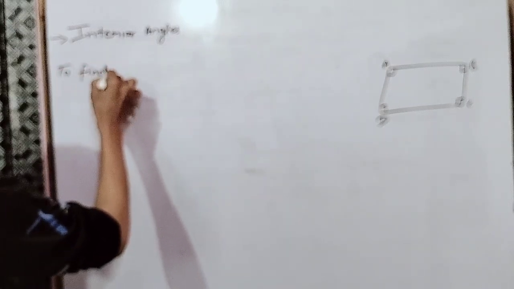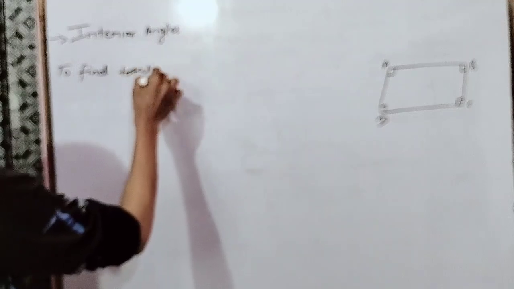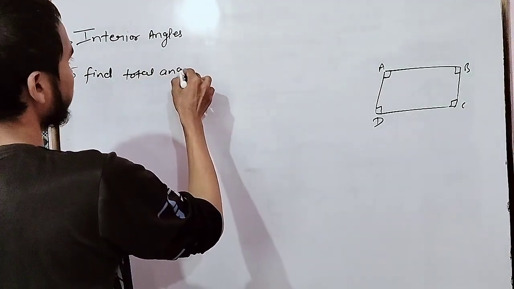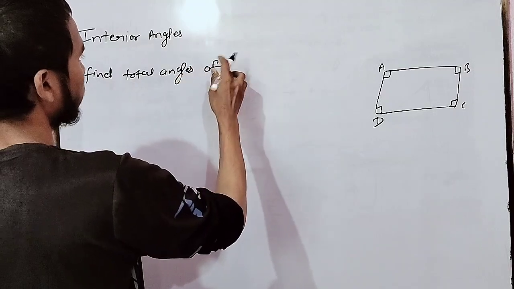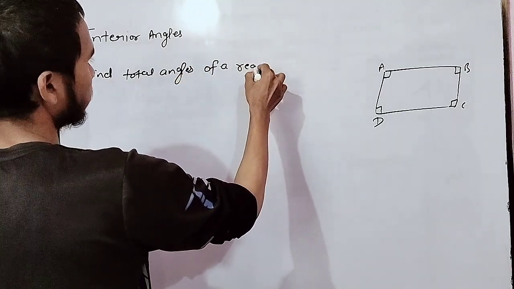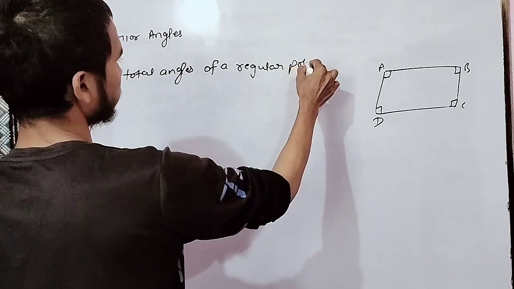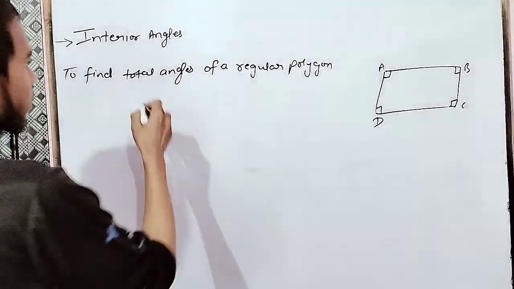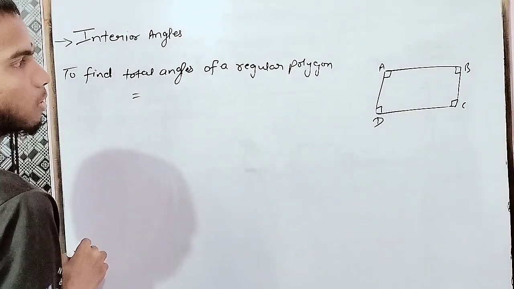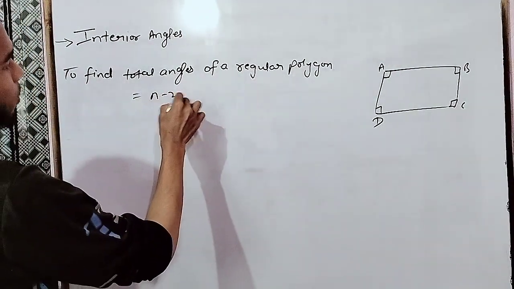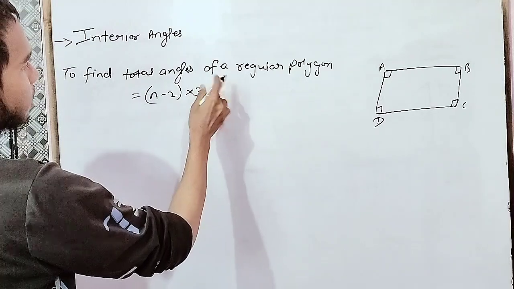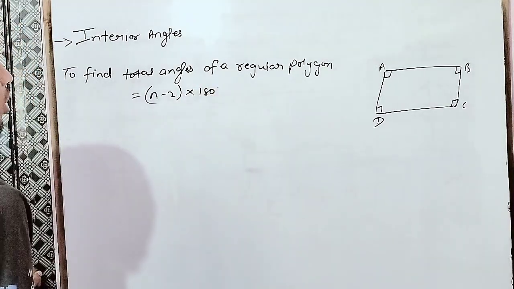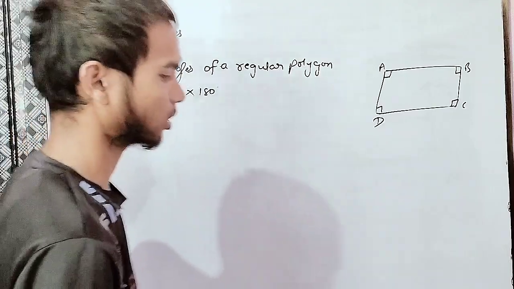To find the total angles of a regular polygon, the formula would be N minus 2 multiplied by 180. We can even check whether this formula is correct or not.